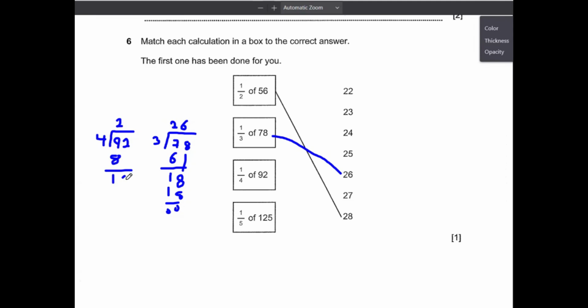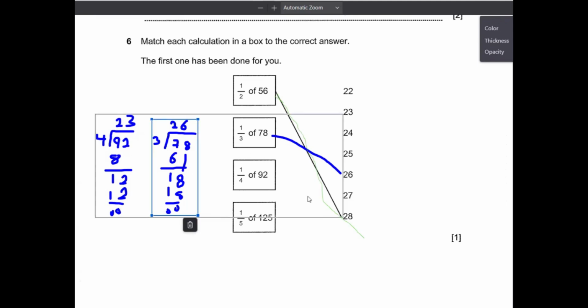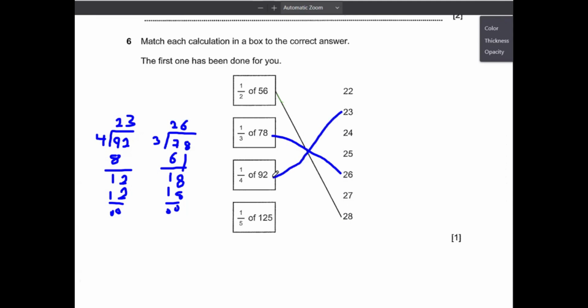You bring down the 2, and I've got 12 already in table 4, which is equal to 3, and no remainder. So your answer should be 23. So 23 goes with this number.